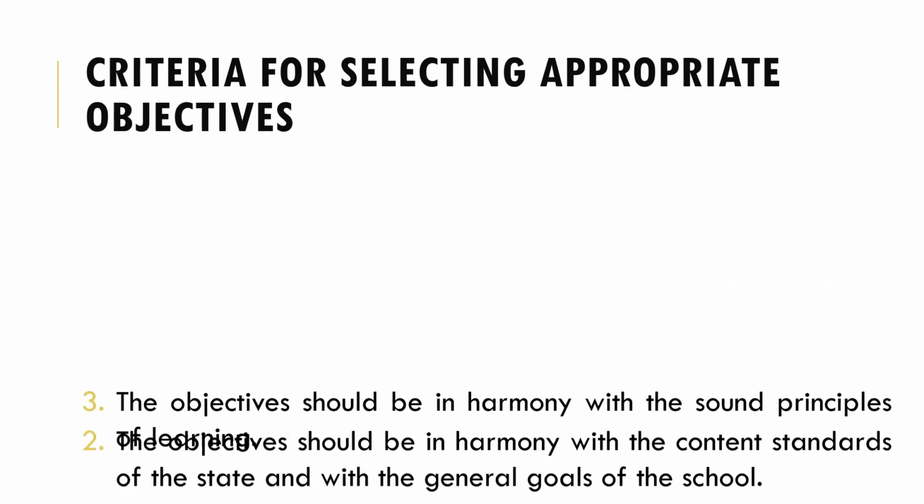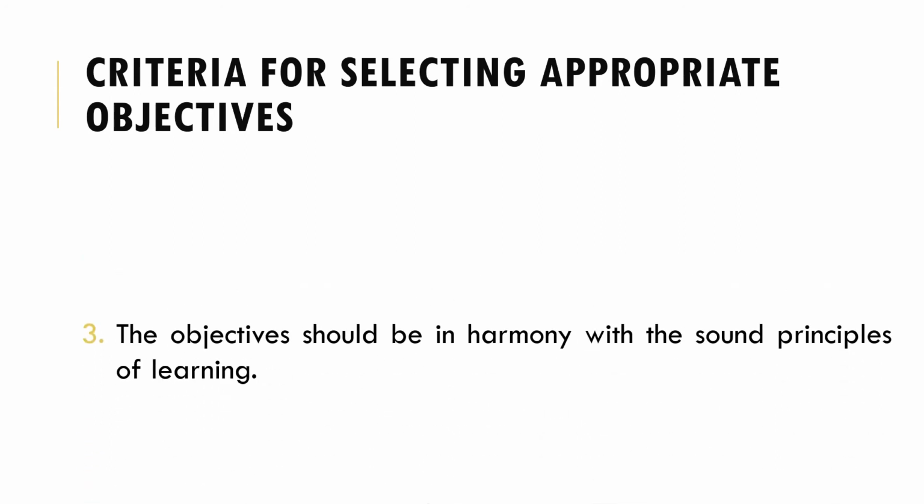Okay. Number three, the objective should be in harmony with the sound principles of learning. Of course, our curriculum, for example, even in the basic education, if we're going to look at and check the K to 12 curriculum framework, there are a lot of educational theories and principles stated there.